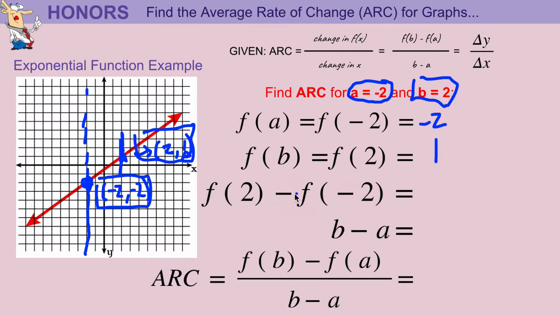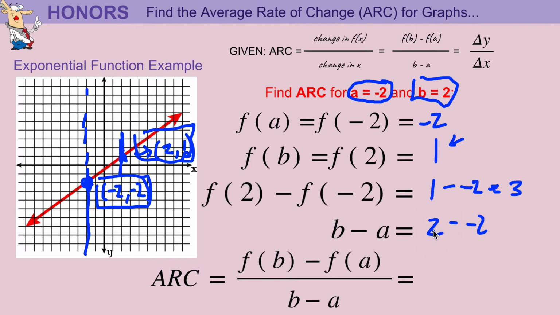Now the task is to take the difference between those two. So I start with b, which is the value right here, which is 1, and then we subtract a. So in this case, subtracting a negative gives a +3. Okay, and on the next one, we take b, put it first, and then we take a, put it second, and we subtract a from b.